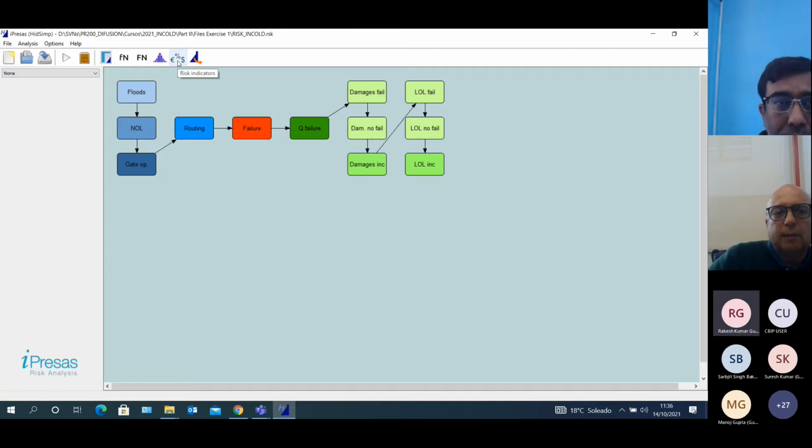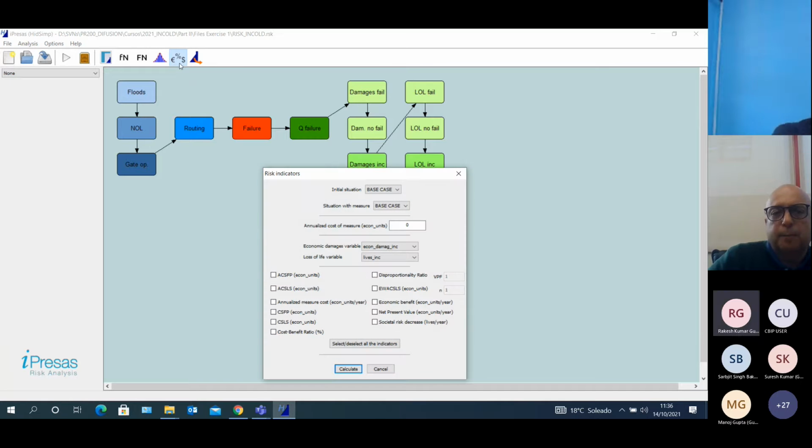So you can come here to this button that says risk indicator and press and say, okay, what is the initial situation? Base case. What is the situation once I have done the investment? Measure 1.